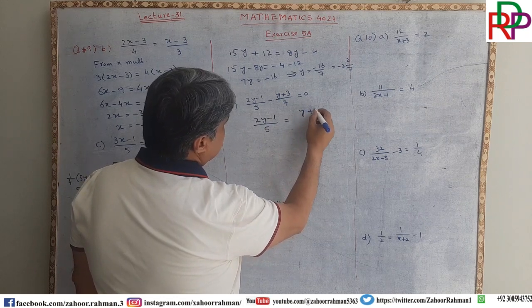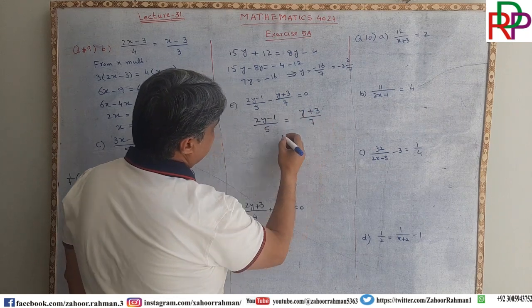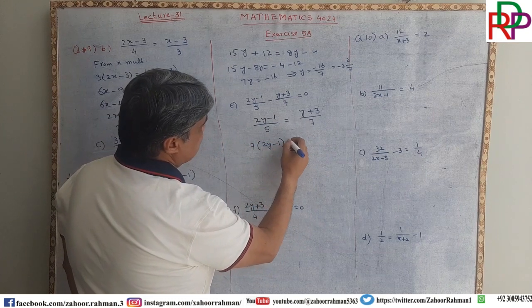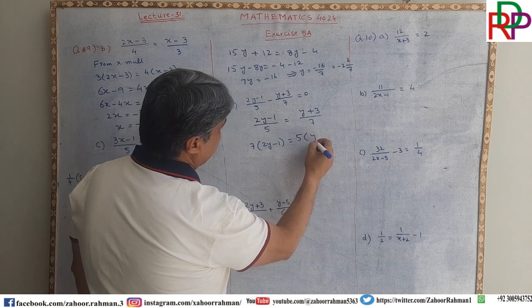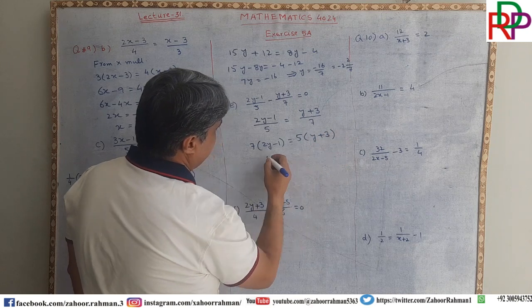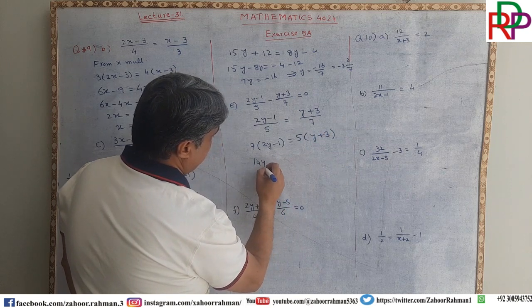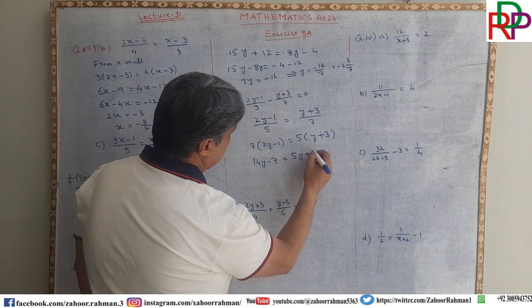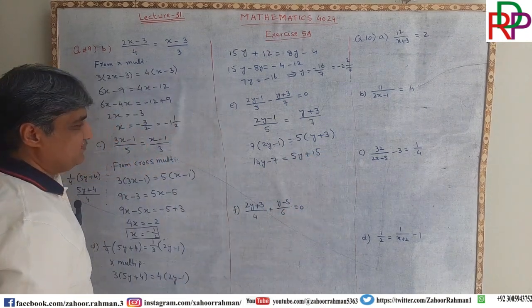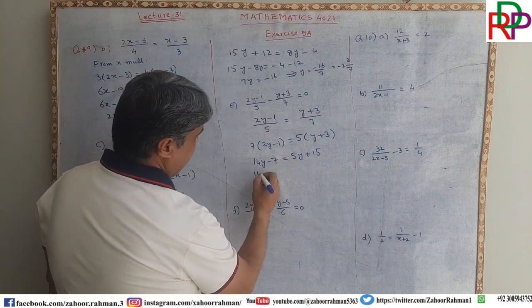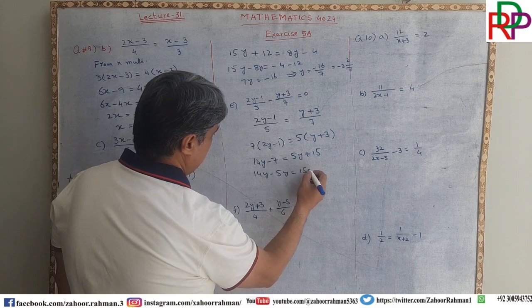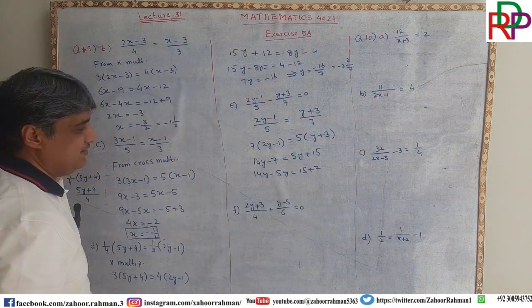So y plus 3 divided by 7, and then 7 into 2y minus 1 equals 5y plus 3, and that will be 14y minus 7 is equal to 5y plus 15. Now 14y minus 5y is equal to 15 plus 7.